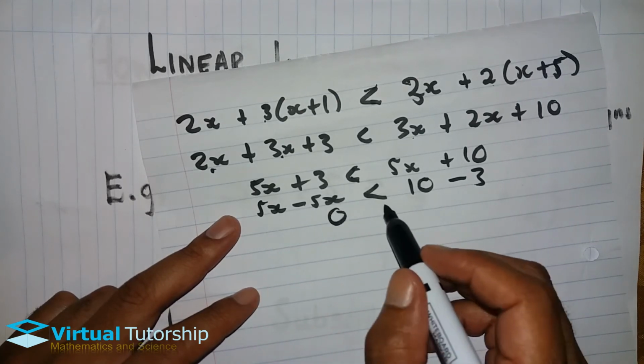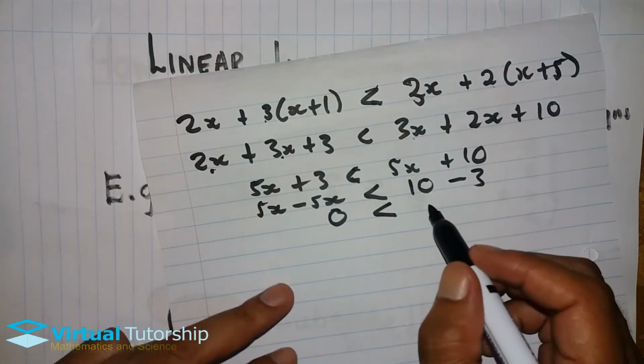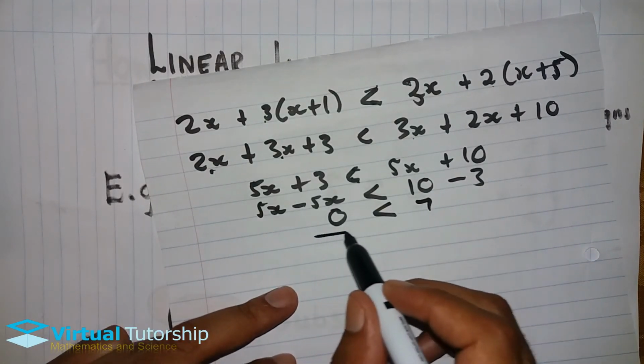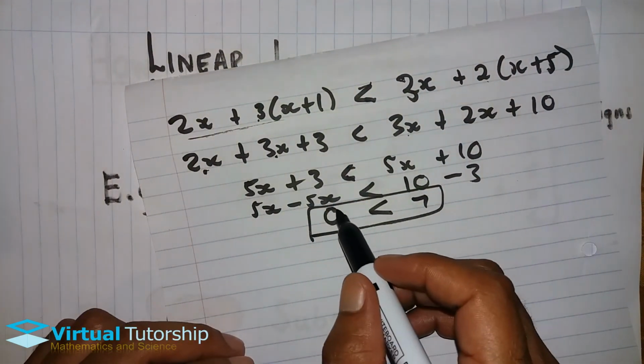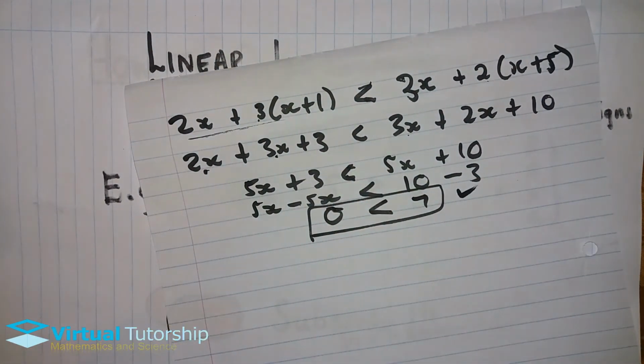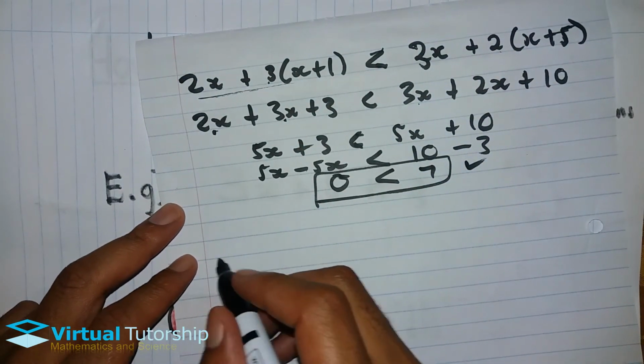Now when I subtract the 2x I get 0 less than 10 minus 3, it's 7. So I set up my equation here where I messed up. So this one basically has no solution. So let's go ahead and start one more.